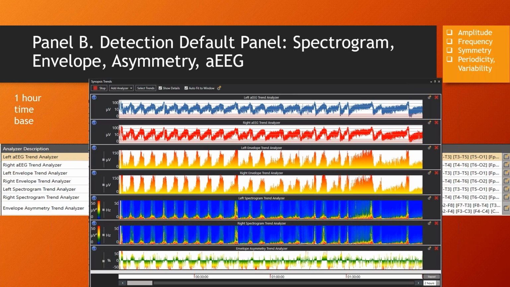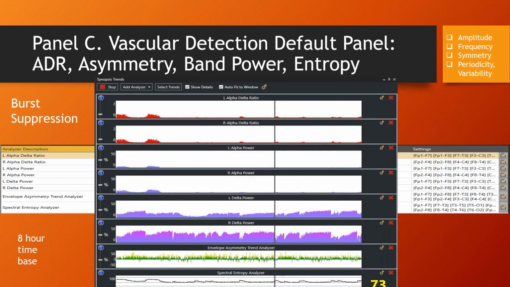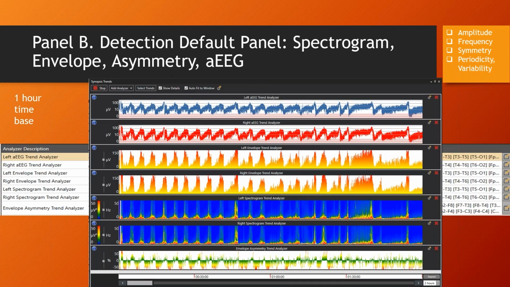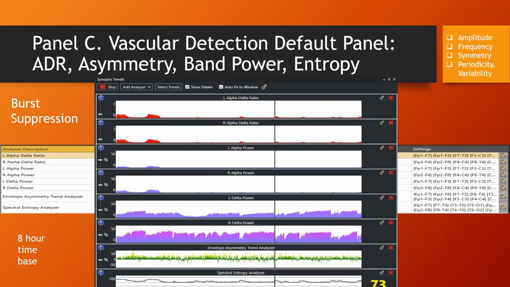So what I'm gathering from looking at this trend is that we have an abnormality or some activity that is very periodic. It is very symmetrical, and we're seeing it across all of the trends. And so that is actually another example of status epilepticus.